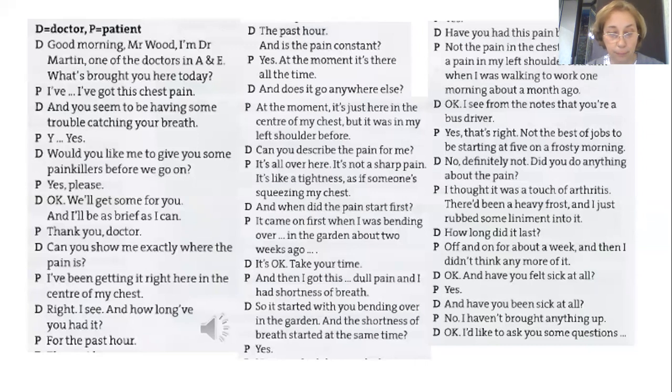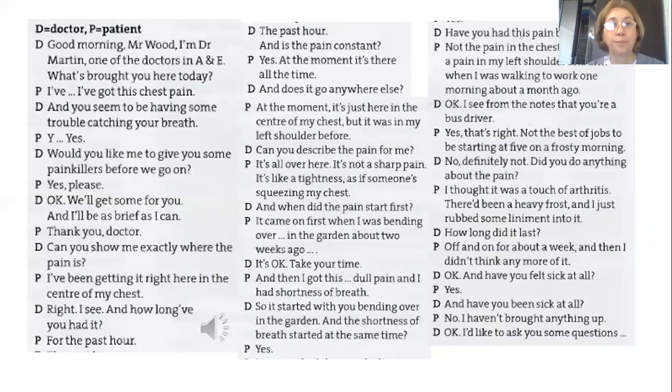It came on first when I was bending over in the garden about 2 weeks ago. It's okay. Take your time. And then I got this dull pain and I had shortness of breath. So it started with you bending over in the garden, and the shortness of breath started at the same time? Yes. Have you had this pain before? Not the pain in the chest, no.